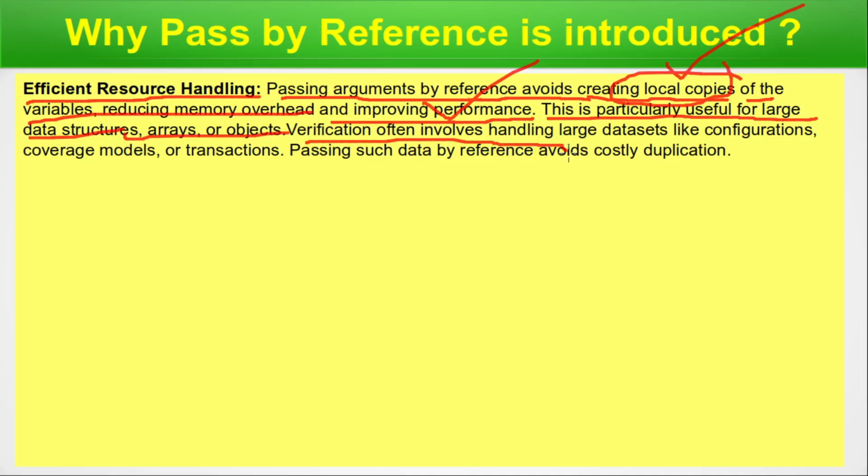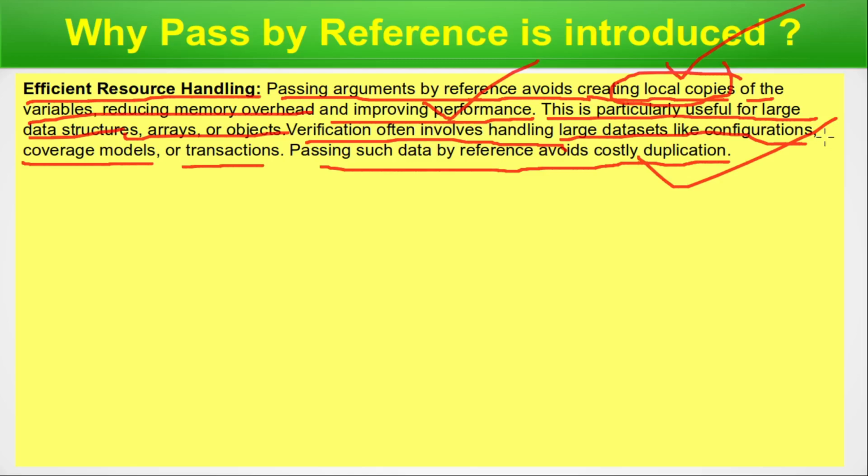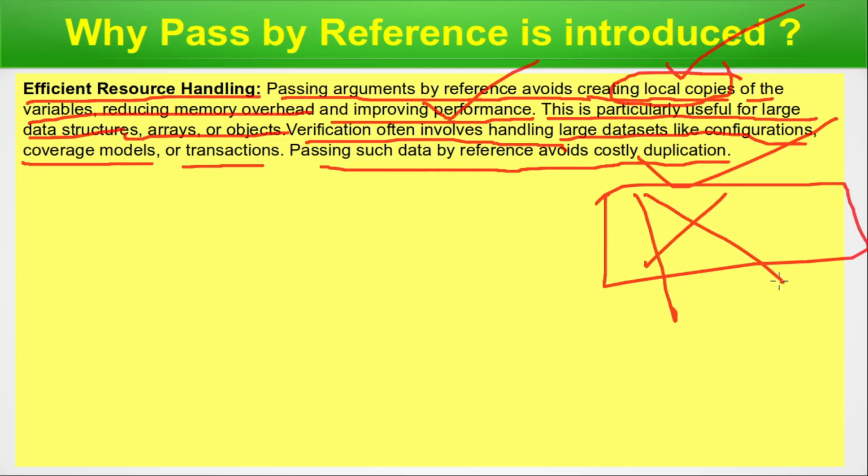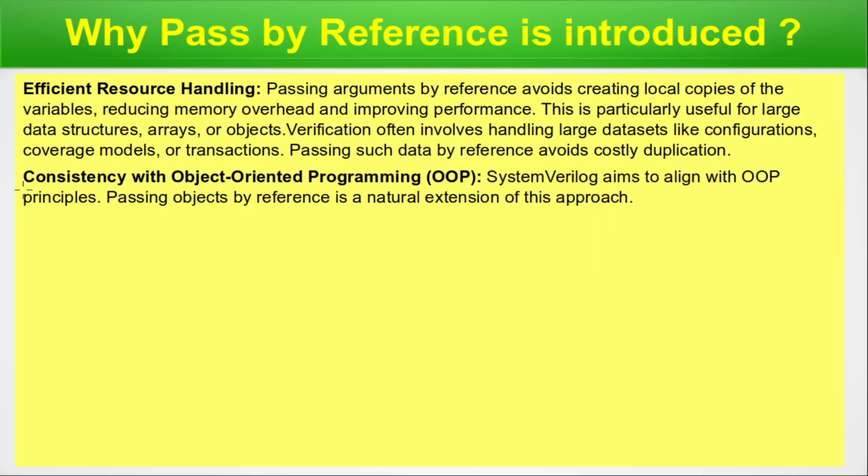Verification often involves handling large data sets like configurations, coverage models or transactions. Passing such data by reference avoids costly duplication. Duplication can actually exhaust the physical RAM of your computer, and the program which is running for verification can stumble.